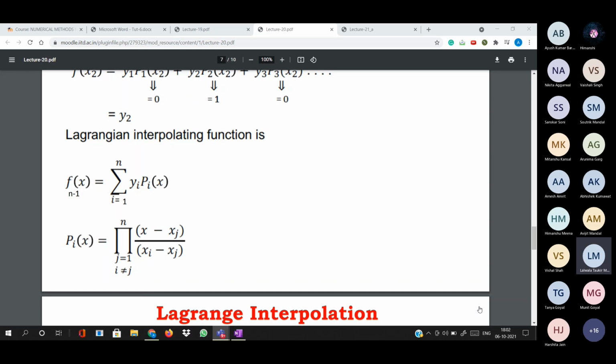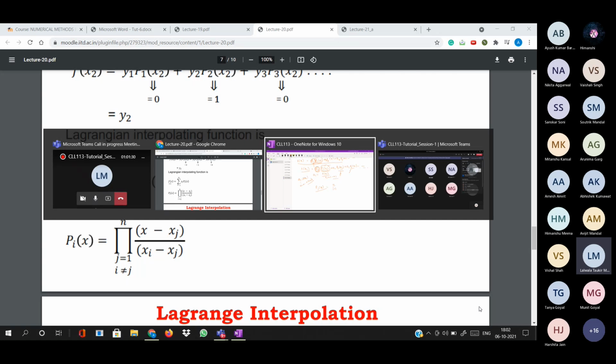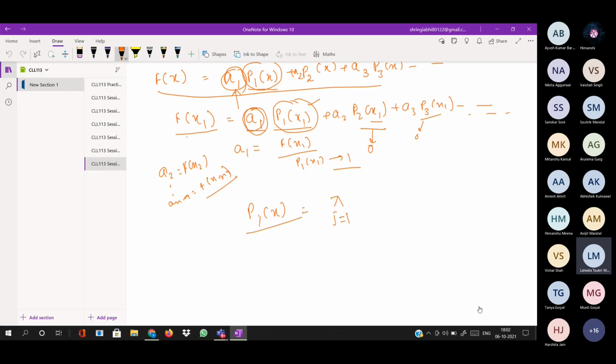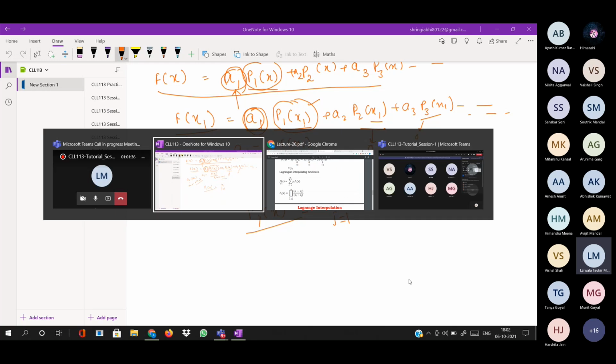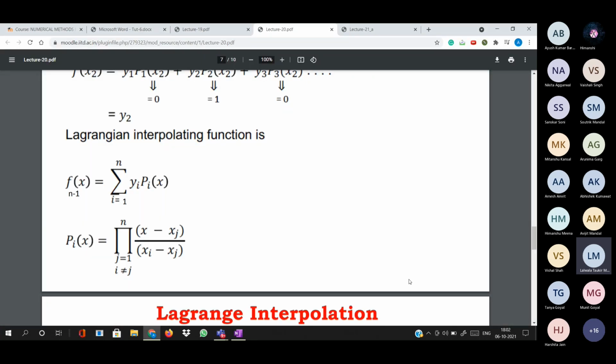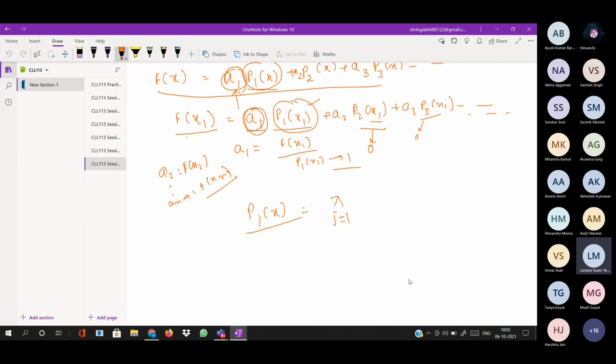Sir, we have the points x1, y1, x2, y2 till xn, yn. So we can first take the input, and we can calculate those 8 points in two arrays, one array for x and one array for y.